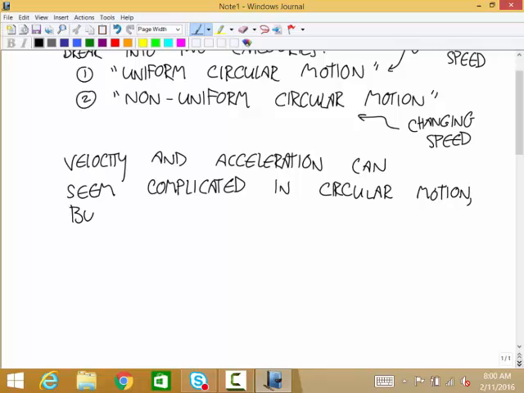But it makes a lot of sense if you think about it the way that we've been thinking about objects changing speed and changing directions intuitively.